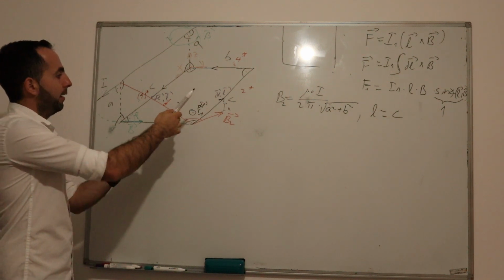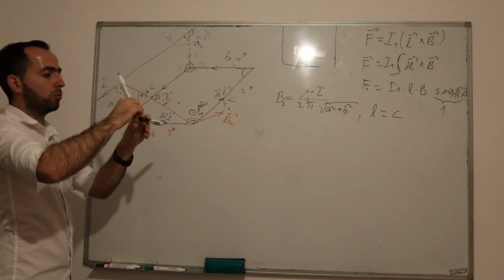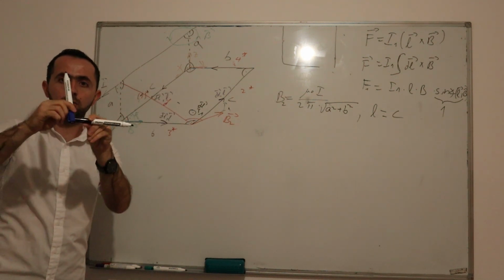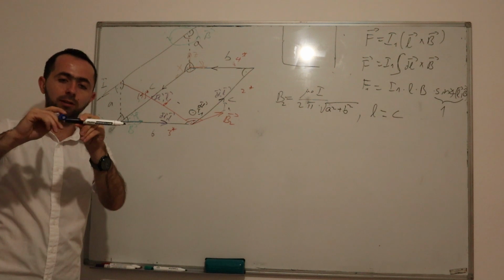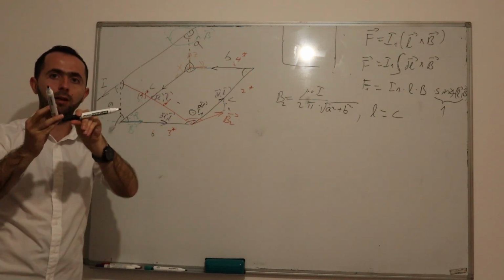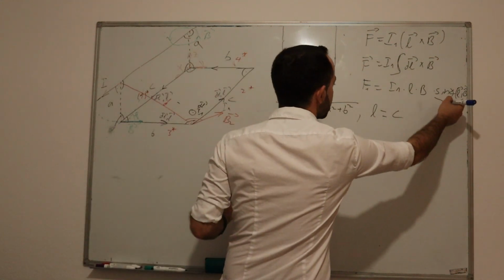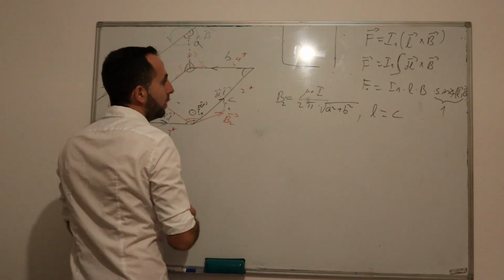What happens if I was at this point or this? Only this angle would change. So this would rotate. But at every point, the angle between these two would be 90 degrees. So once again, here the angle is 90 degrees, which means sine is 1.